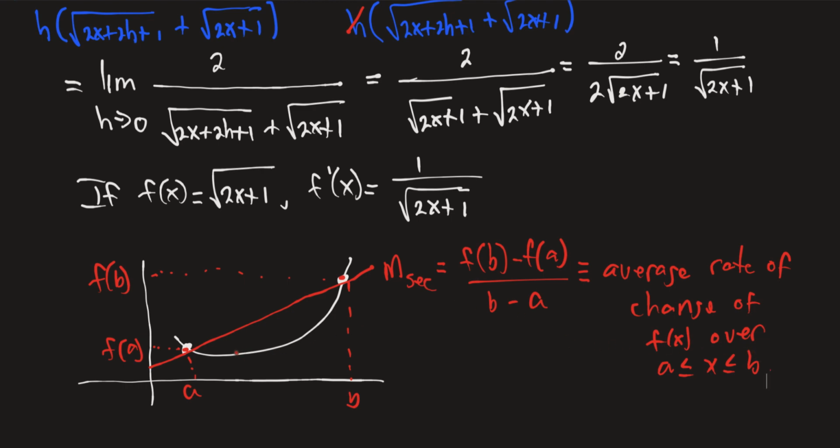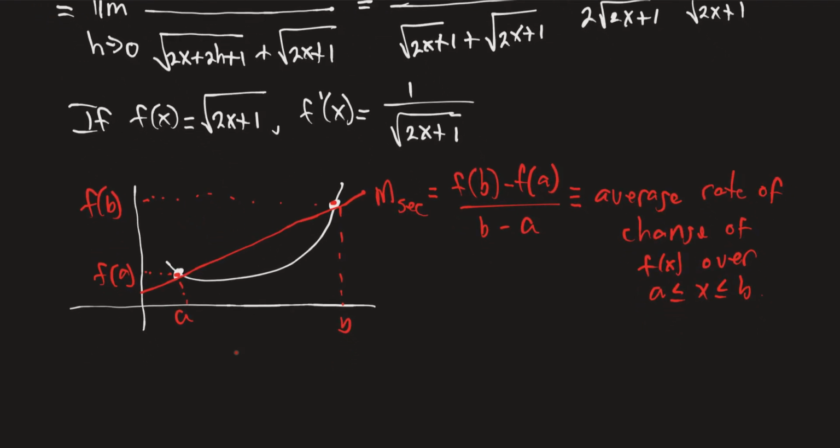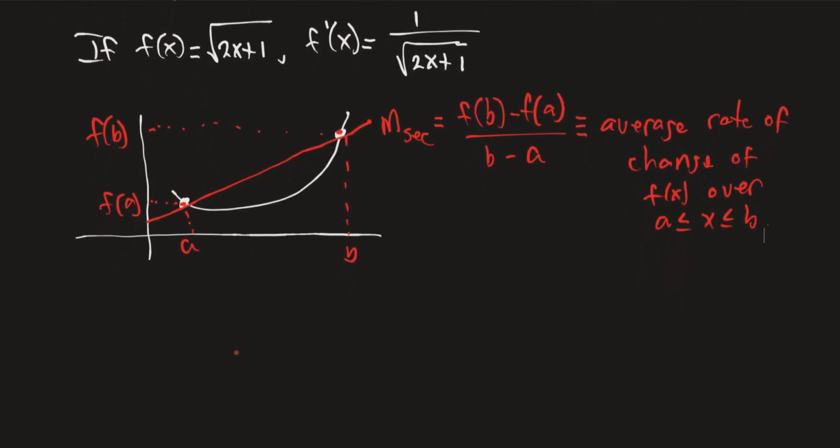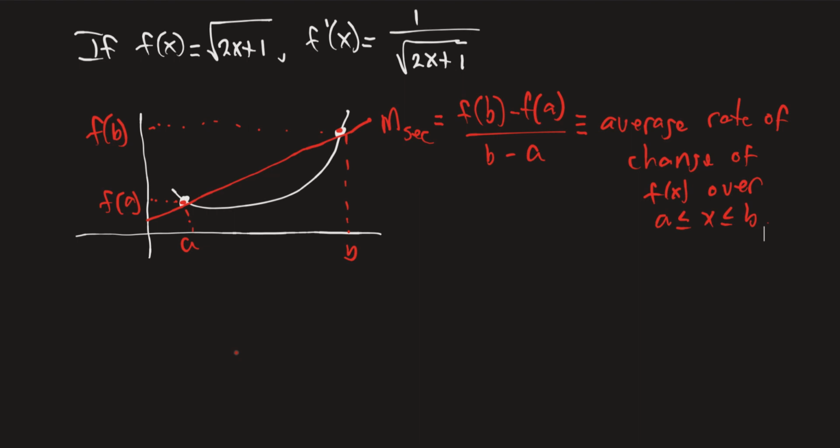So now we have a way of computing the slope of the tangent line at any point, provided this limit exists.